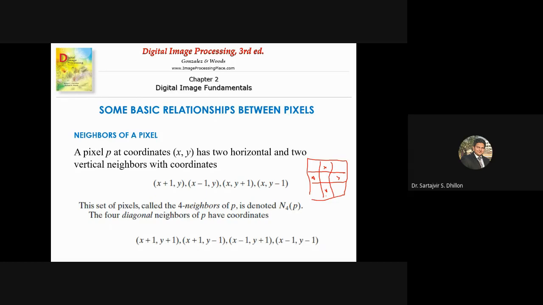I can expect that you can easily understand this point. And in another, there are four diagonal neighbors. In this figure, we can take the same example, and they are talking about this diagonal point.